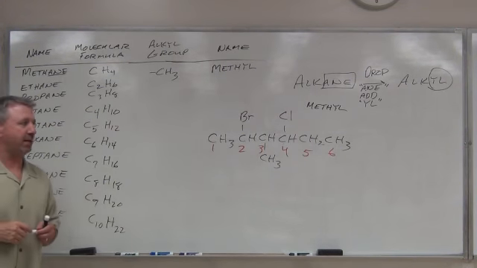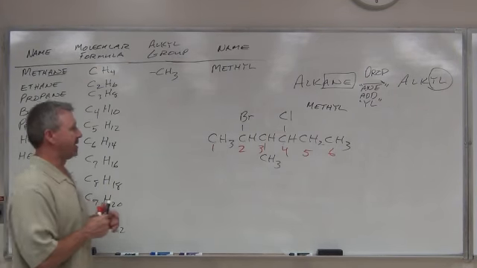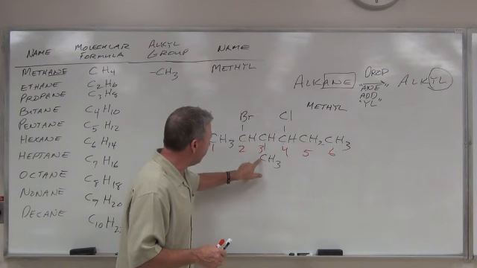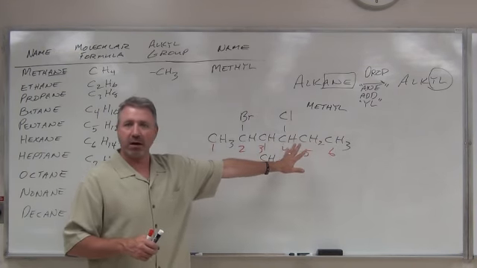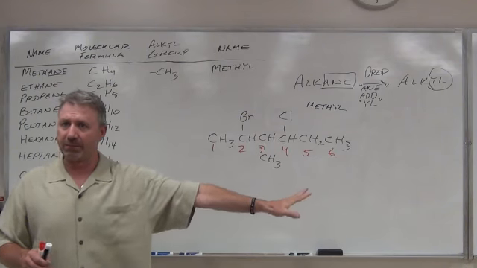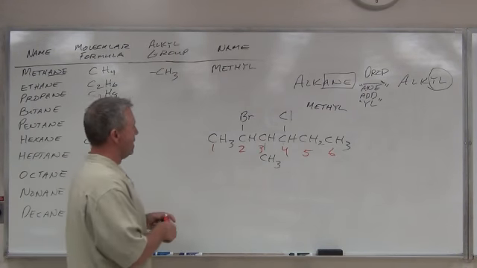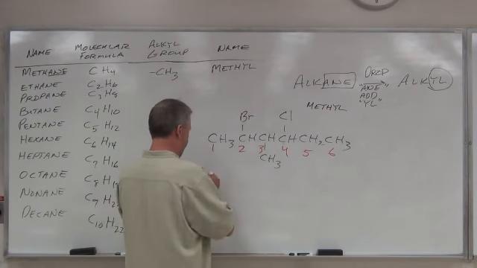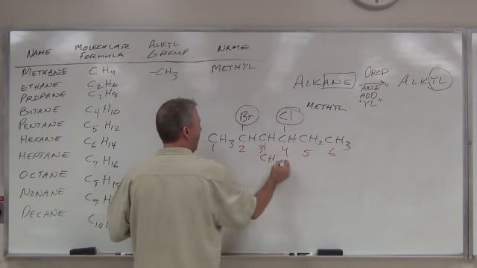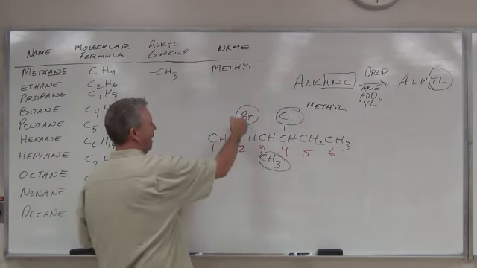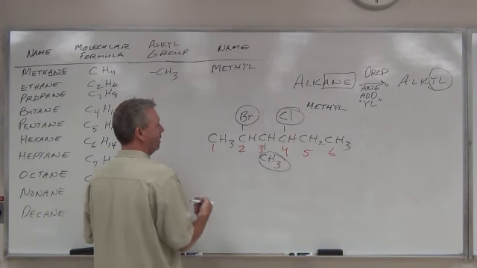Six carbon chain makes this hexane. I'll take a quick look. 1, 2, 3, 4. 1, 2, 3, 4, 5. I've got to look at all the examples, right? Got to look at all of them. I have substitutions at carbon 2, carbon 4, and carbon 3. I've got bromo, chloro, methyl.